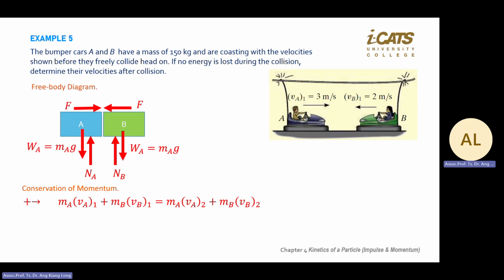Before collision you have two objects, and after the collision you have two objects. So you have MA VA plus MB VB equal to MA VA plus MB VB. If the two objects join after collision, then on the right hand side you bracket the MA plus MB, and both move at the same speed. The rest you substitute, and you're able to find what is missing.